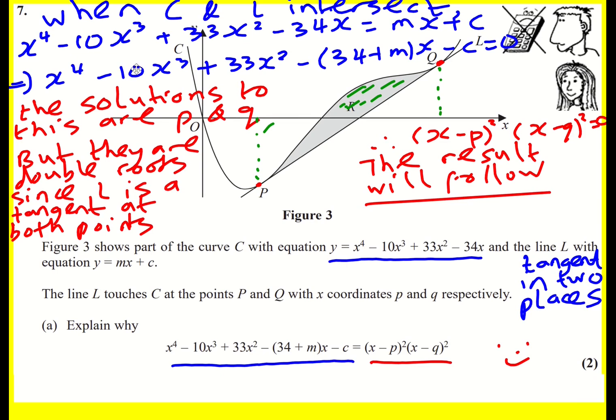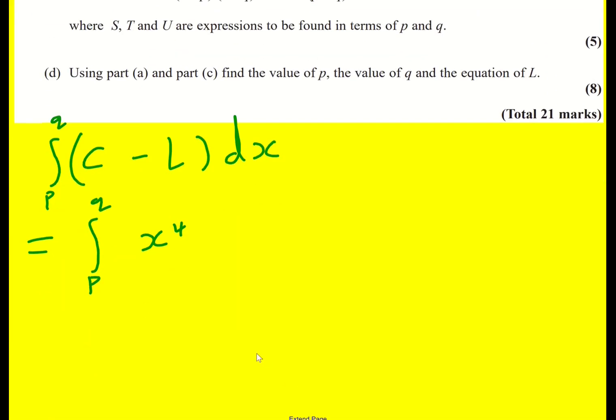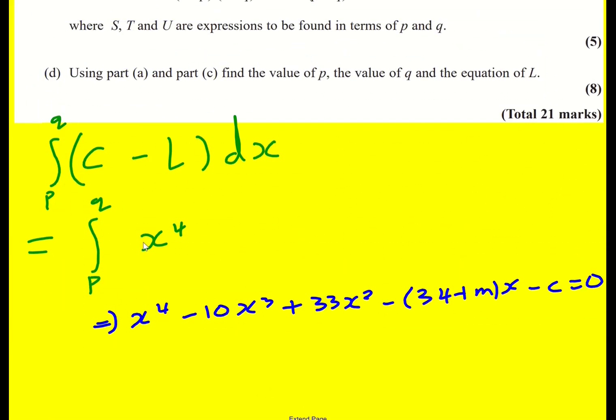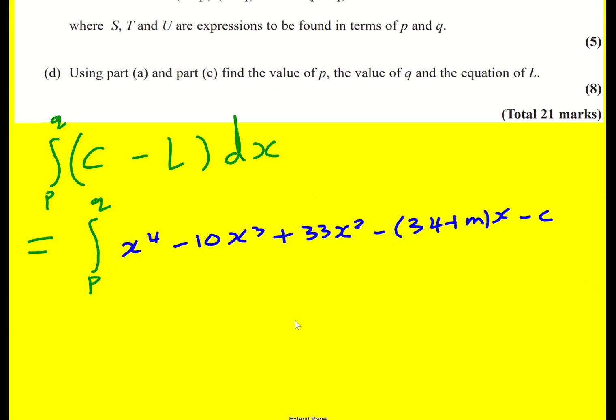Maybe I can just copy it and bring it down. So it's going to be this.